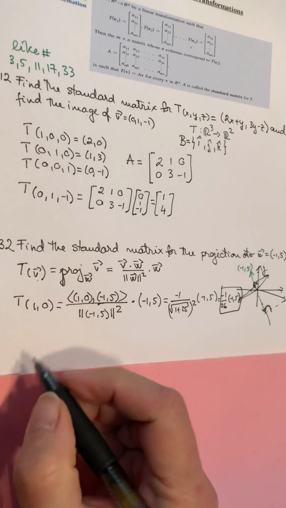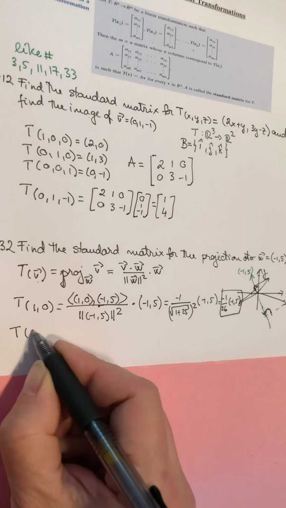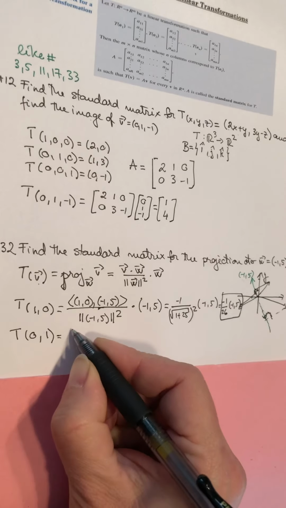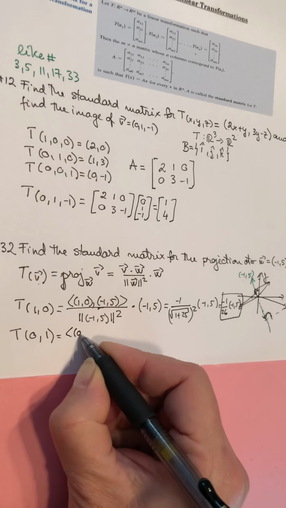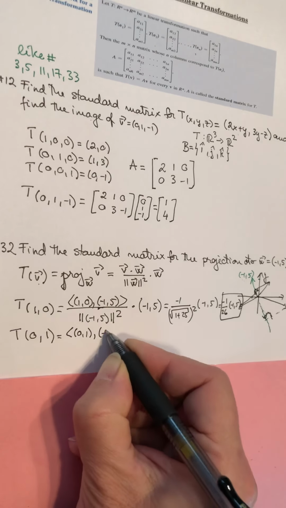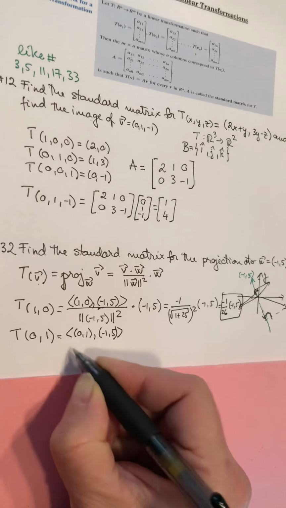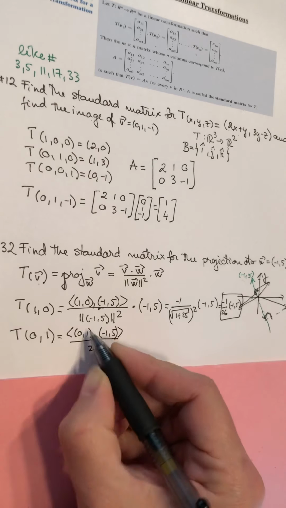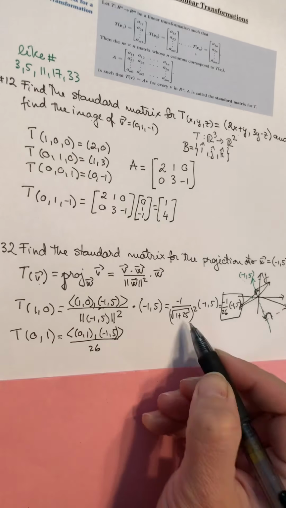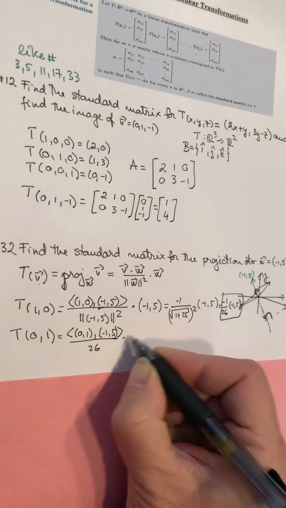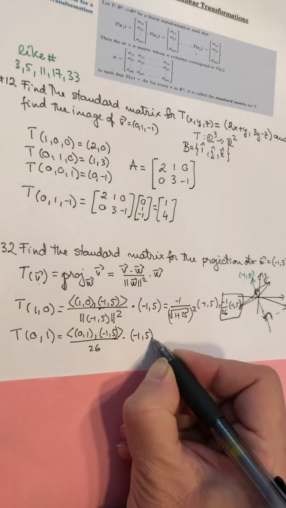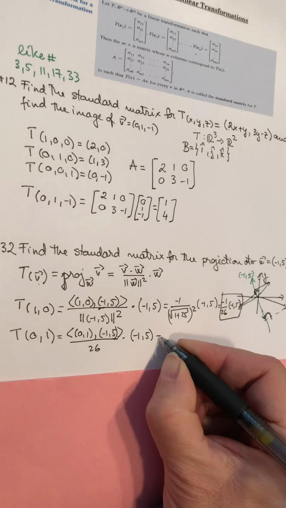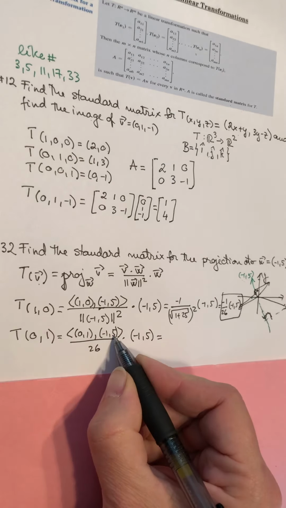Real quick, we're going to see what happens to the image of the vector 0, 1. So for that, I'm going to find the dot product of 0, 1 with negative 1, 5 divided by the same thing I divided before. So that's going to be 26, right? The magnitude of negative 1, 5 squared is 26. And then I have to multiply it again by negative 1, 5 because I am projecting J onto negative 1, 5 again. So up top I get 5.